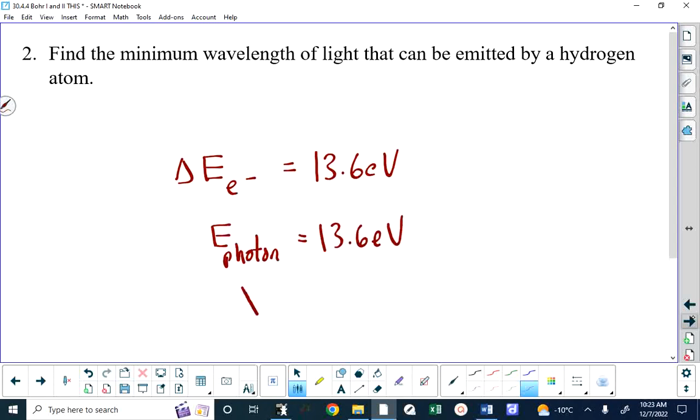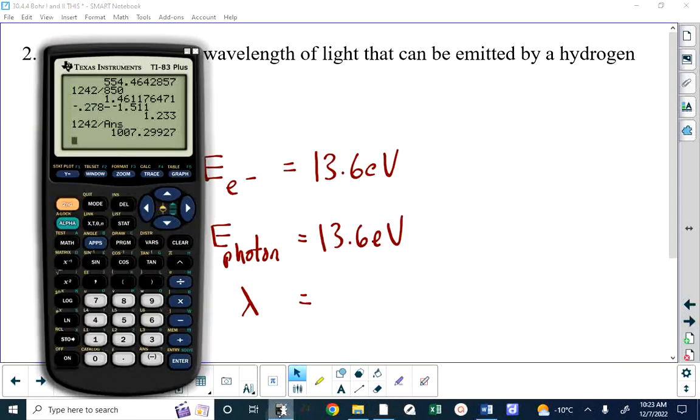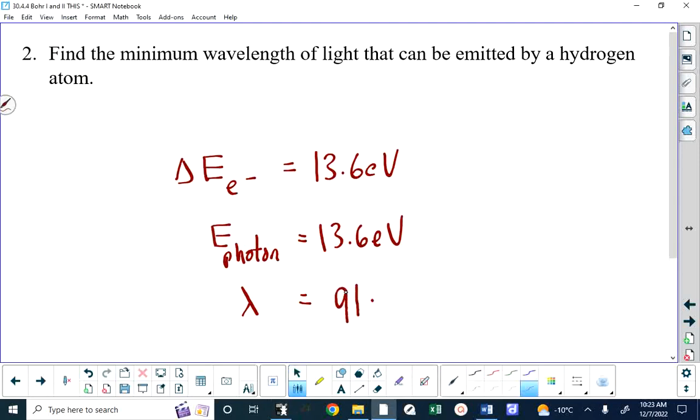And I'm just going under an assumption here that you can take the electron volt energy of a photon and find the wavelength in nanometers. It's just 1242 over that number. So about 91 nanometers, which is definitely ultraviolet. Any questions with that one?